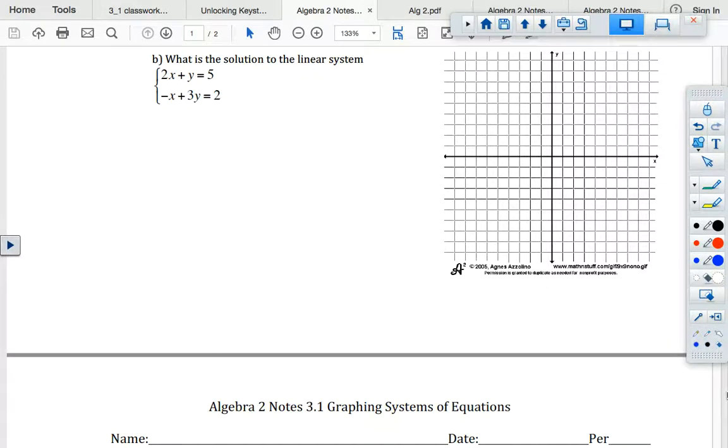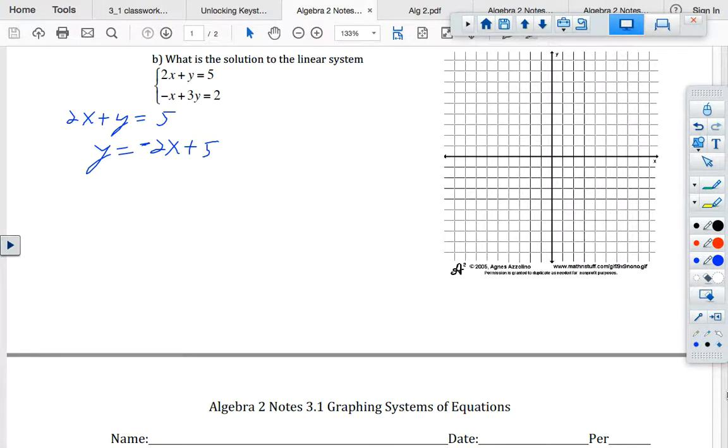All right. So let's go with Nick. How do we do? I subtracted 2x. Okay. So you got y equals negative 2x plus 5? Yeah. All right. We'll graph that one right away. Tell me how you graphed it.